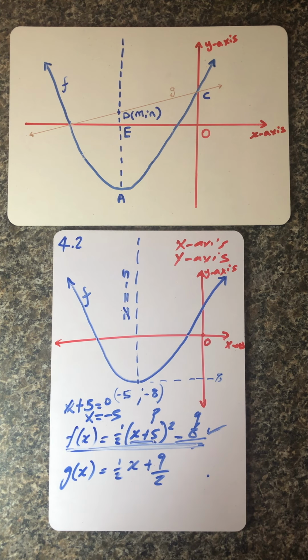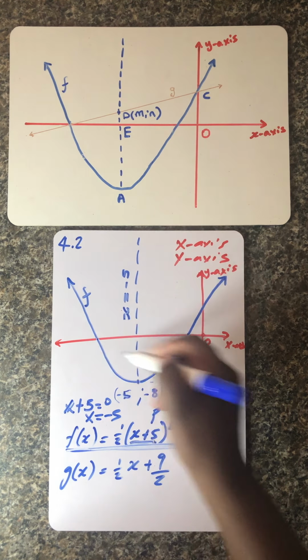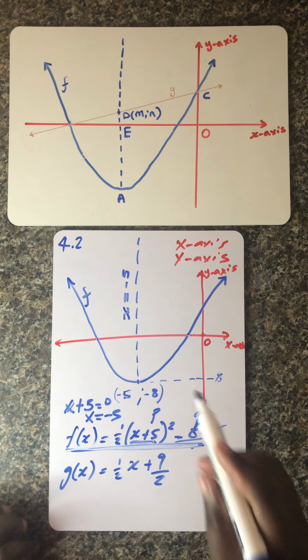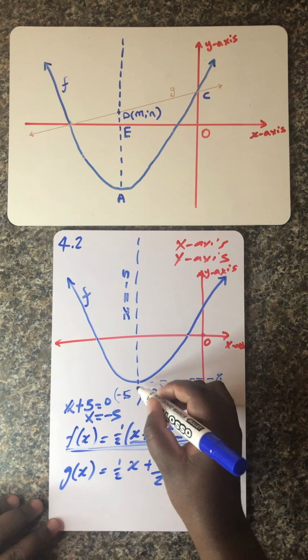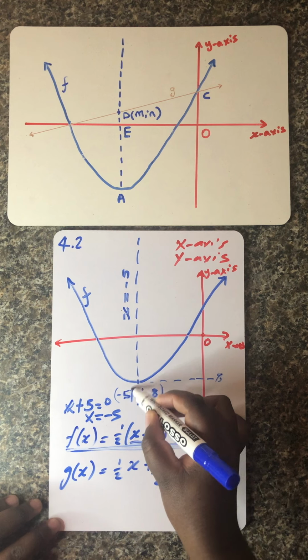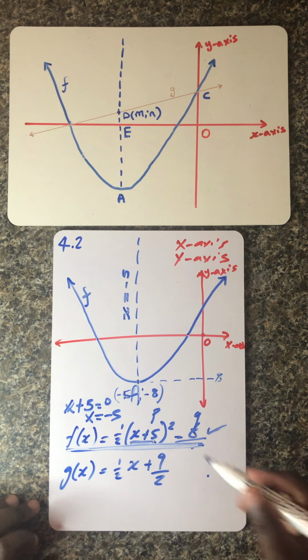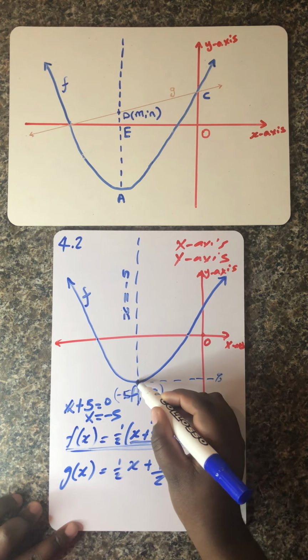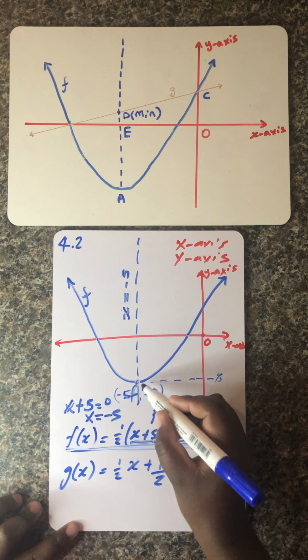Guys, I'm not sure if I've explained everything in relation to the graph of f, but for now this should be enough. So remember, guys, the turning point of this graph is called A. Then you must just write it A. So every time they talk about A, they'll be referring to the turning point. The turning point of what?